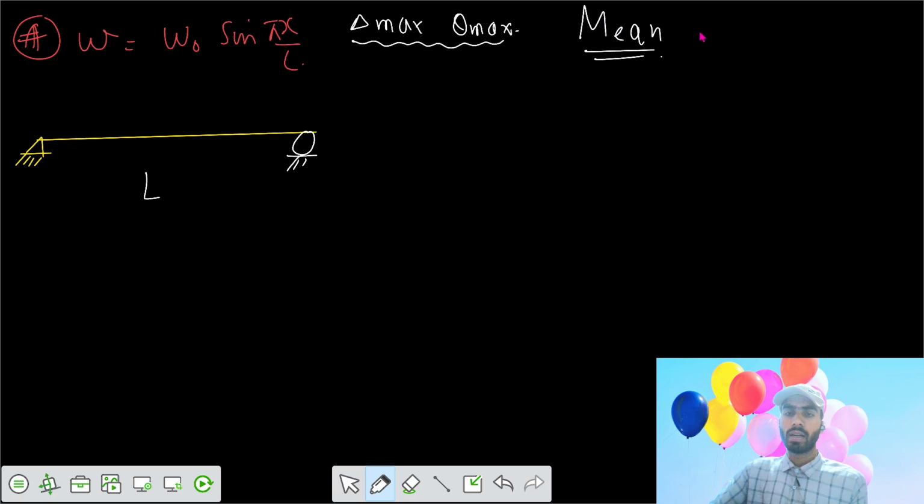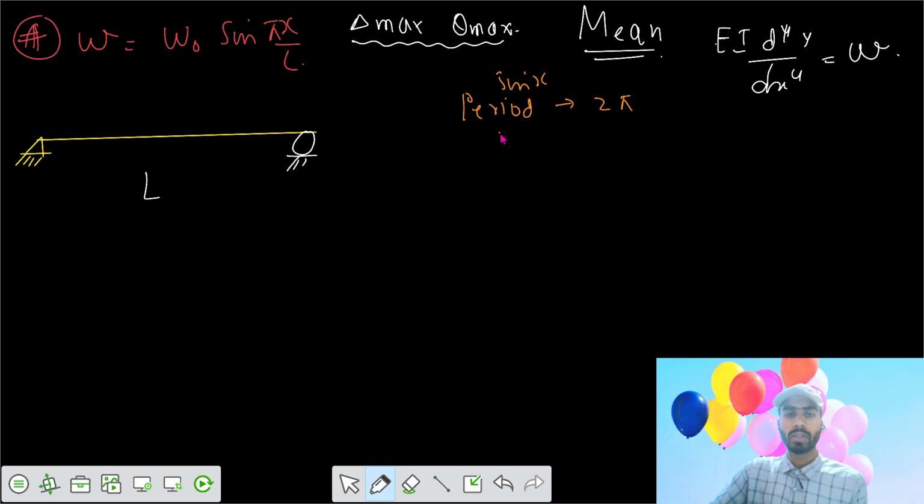So we can directly use the relation EI d4y by dx4 equals to your loading intensity w, and still for that you have to get the loading intensity. We have the function sine x, so the period, we know, equals 2 pi for your function sine x.